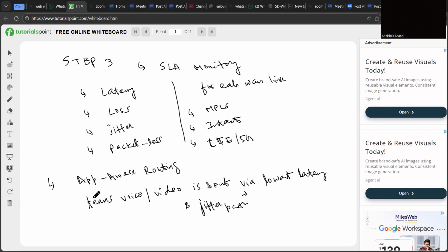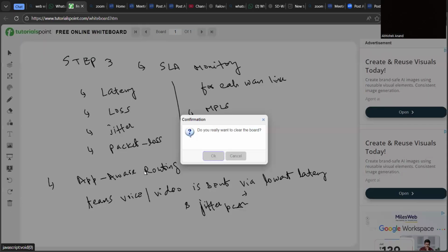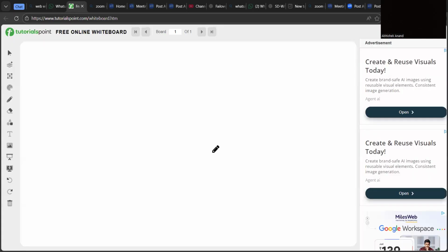And maybe this is through centralized policy. So centralized policy should be there in the SD-WAN, and which will take care of this, right? So every SD-WAN will have the policy in place, right?